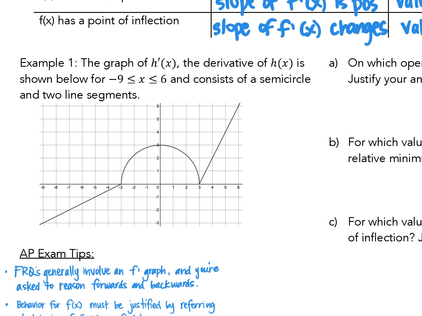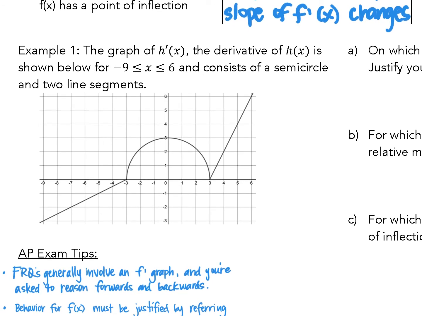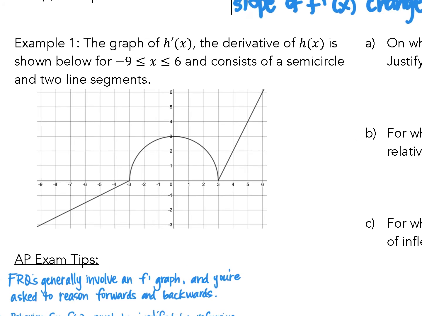So here's an example of an FRQ type problem. So here we are given the graph of H prime. So make sure you know what you are looking at. So we've got minus values all here, and then a bunch of positive values, and then more positive values again.